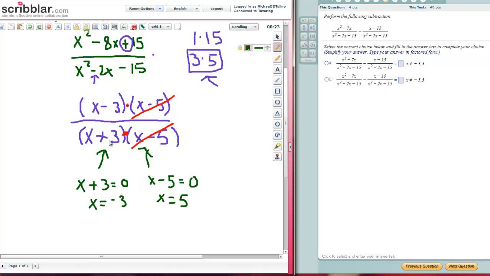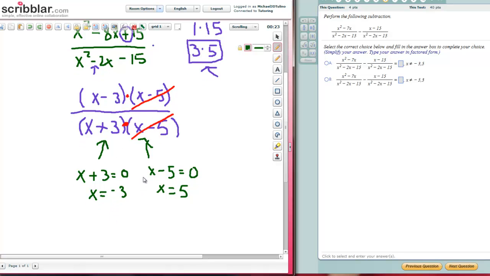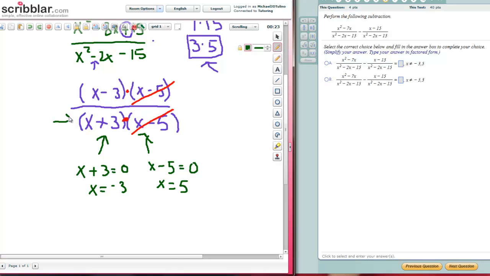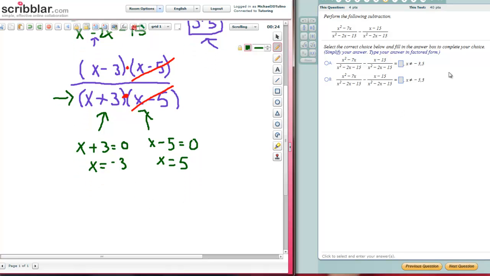0 times anything is 0. And then over here, if the x minus 5, if that parenthesis was 0, it doesn't matter what the first parenthesis is. Anything times 0 is 0. And so, the two values that would make the denominator 0, we have two possibilities. If x was negative 3, or if x was 5. And that's why, over here, it says x cannot equal.